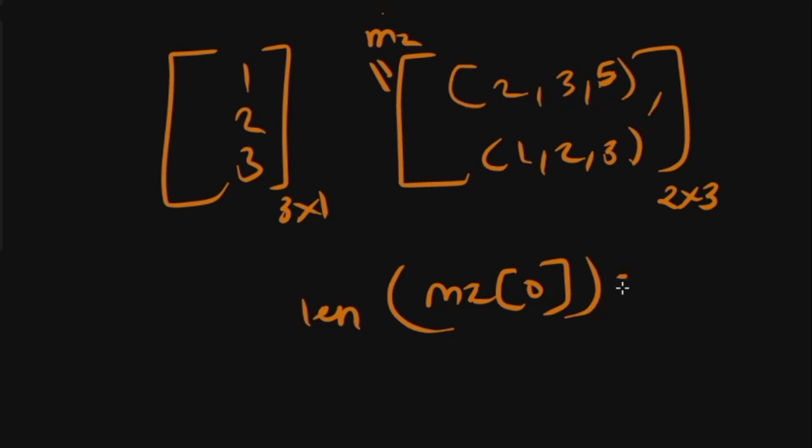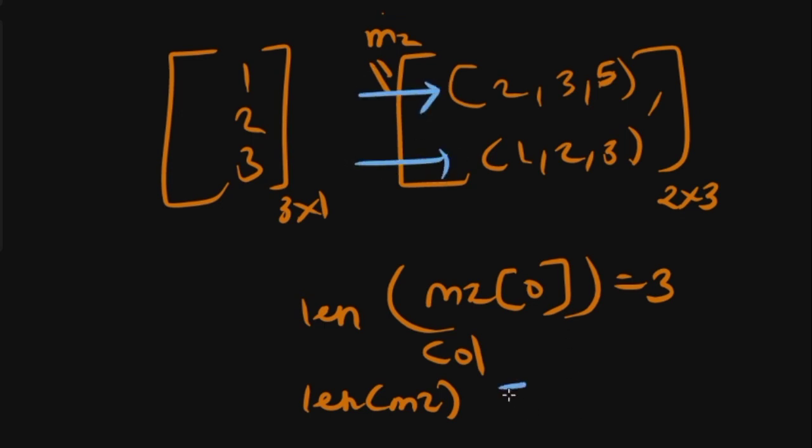So this individual list will give me 3, which is the column number. Similarly, if I directly check the length of m2, I will basically check how many elements I have. This is first element, this is second element. So here I will get 2, which is the row number. So basically these are the two things, how we can get row and column.